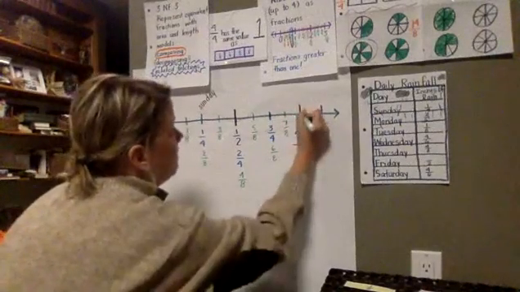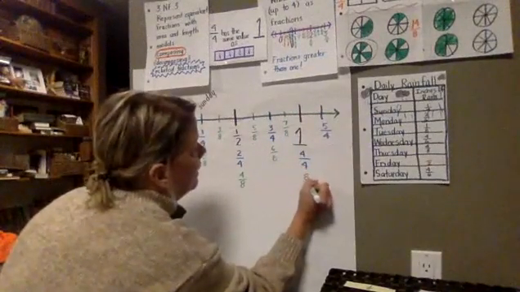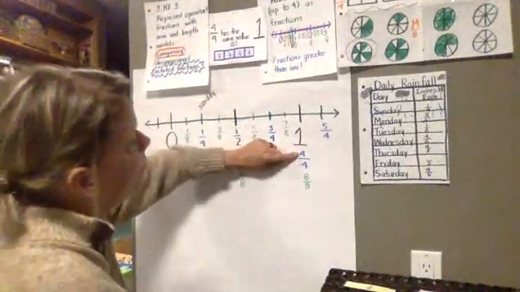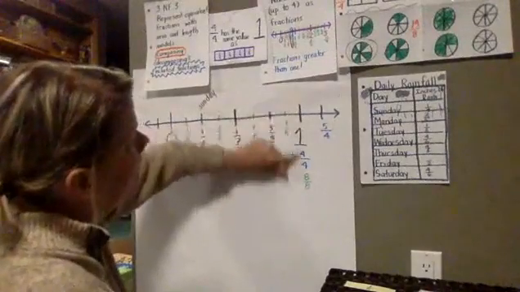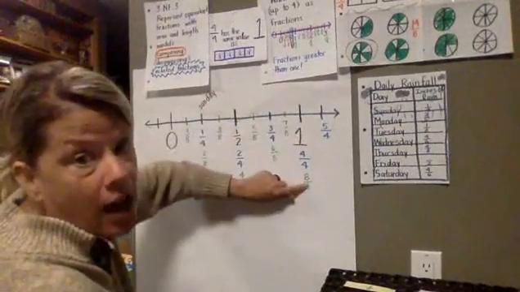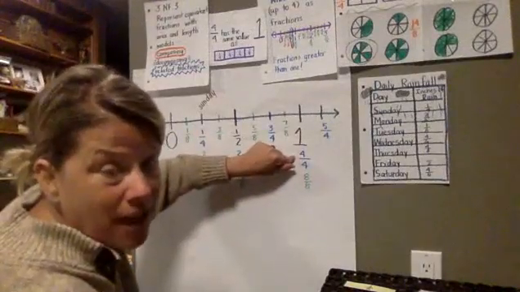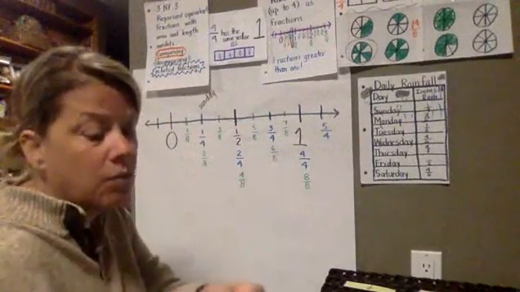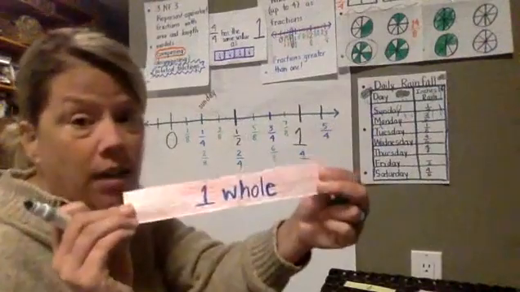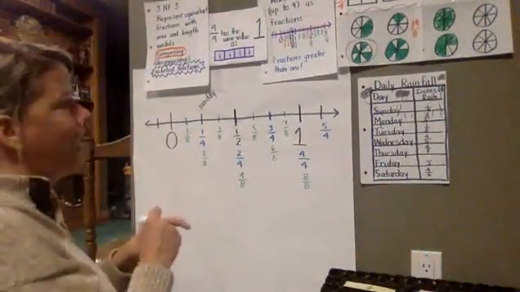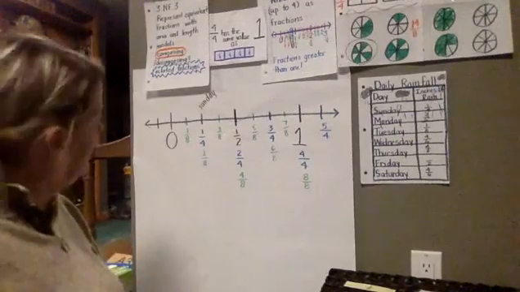And this would be 8/8. Remember, this relates back up to here. If we have the same numerator and denominator, that's the same value as 1 whole. So 8/8 and 4/4 have the same value because they both have the same value or area as 1 whole.